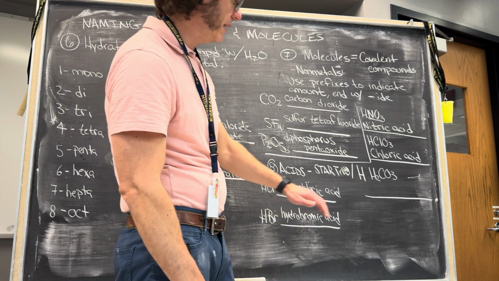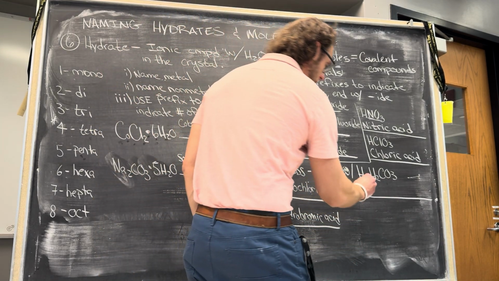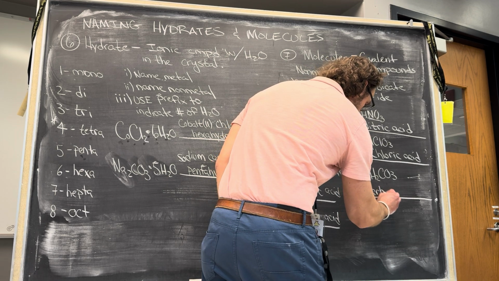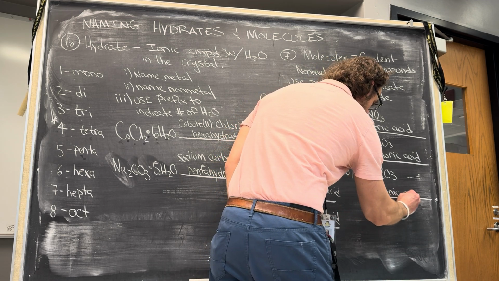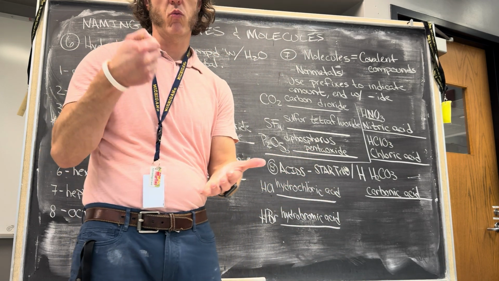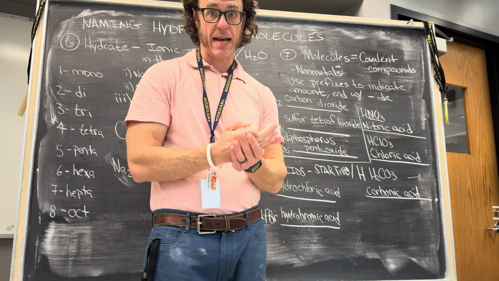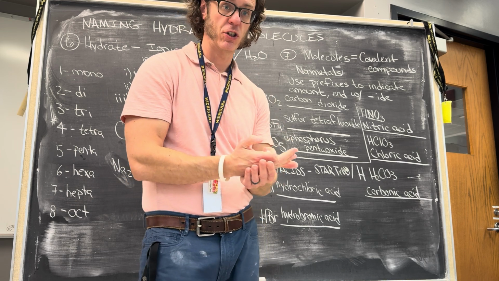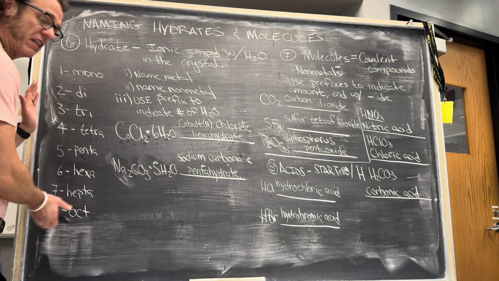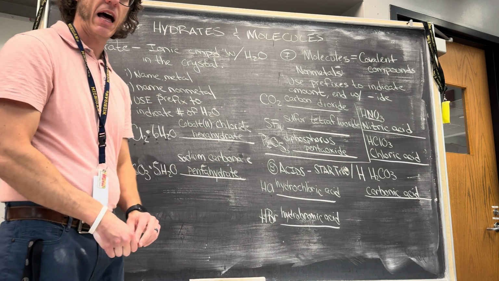And last but not least, CO3 is carbonate, so this becomes carbonic acid. Acids begin with H. You need to know that. Acids begin with H. Please make sure you have these prefixes down, and you should be able to name everything on this sheet.